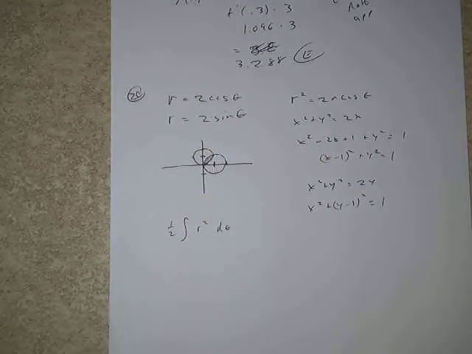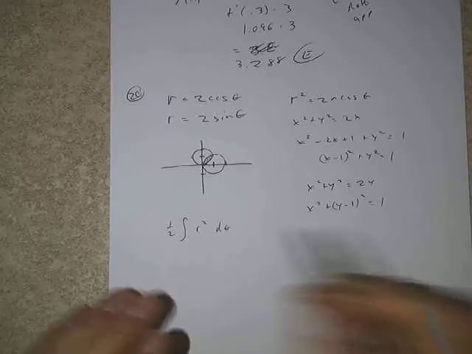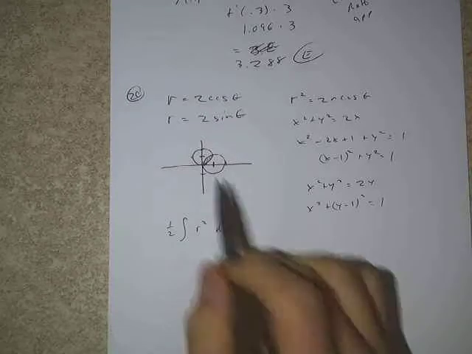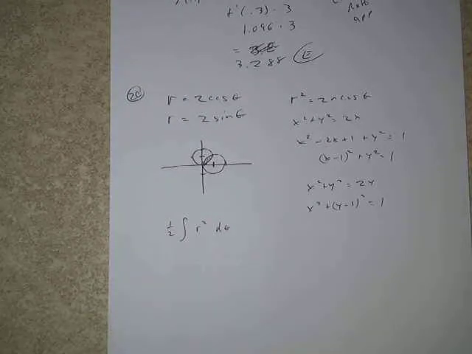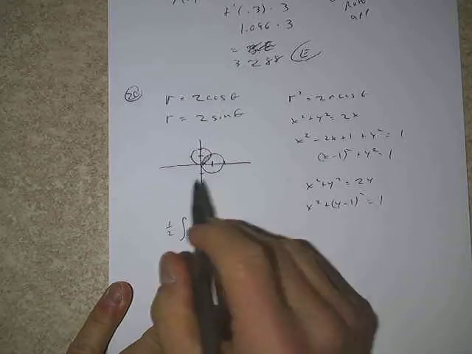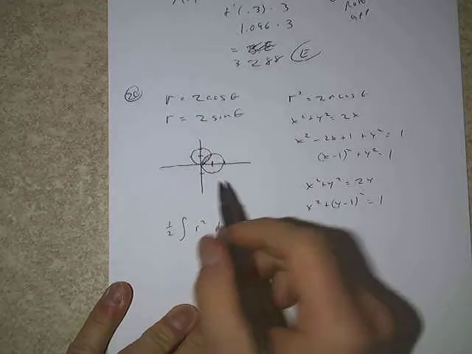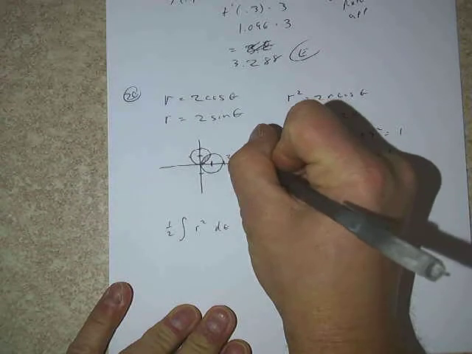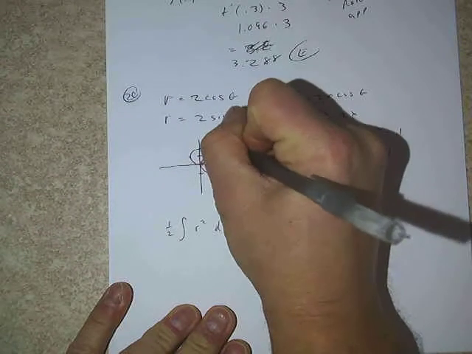And so ultimately the question then, I guess, is what's going to be our r squared, if we're looking for an overlap between two curves. We want the overlap between these two curves. Keeping in mind again, this one is the 2 cosine theta one, and this one is the 2 sine theta one.